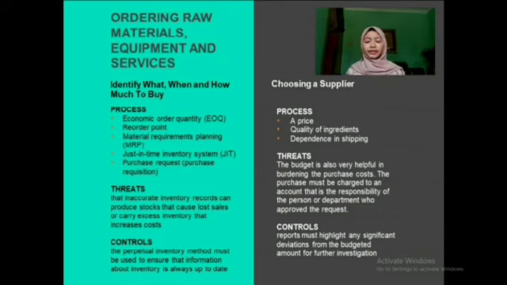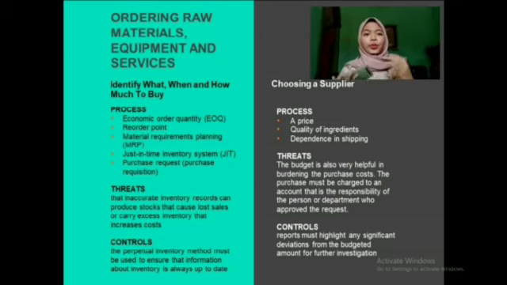This involves identifying first what, when, and how much to buy, and then choosing which suppliers to buy from. One threat is that inaccurate inventory records can produce stockouts that cause lost sales, or carry excess inventory that increases costs. To reduce the risk of this problem, the perpetual inventory method must be used to ensure that information about inventory is always up to date.